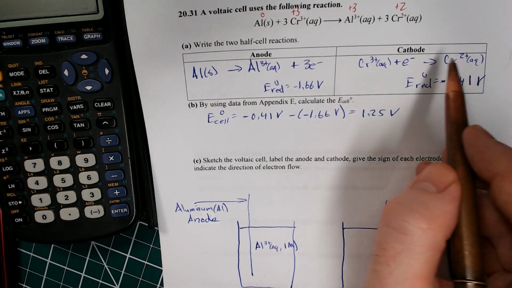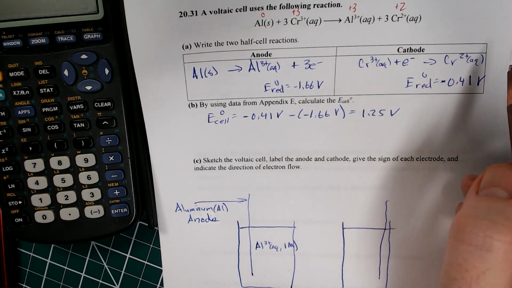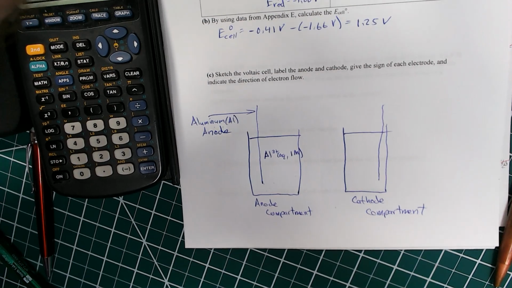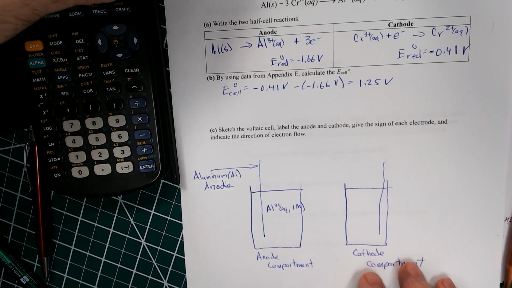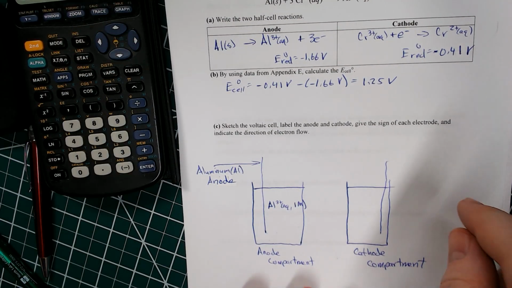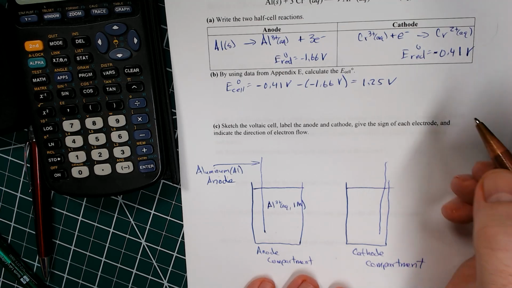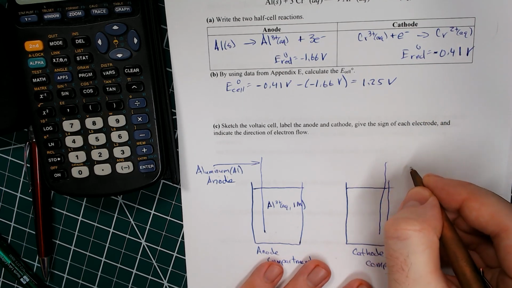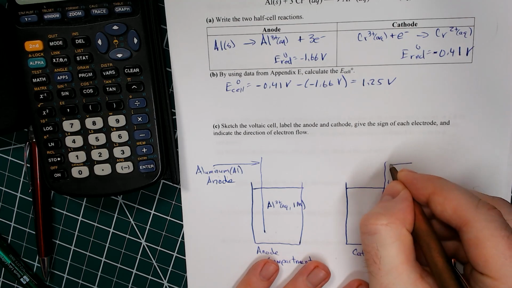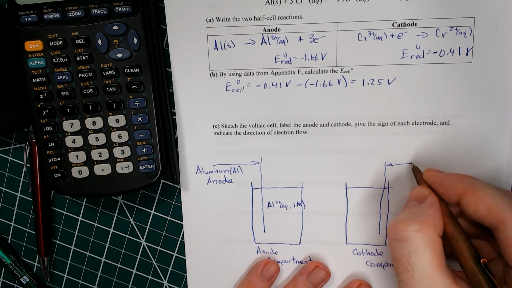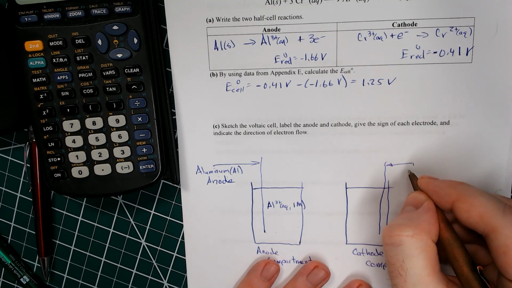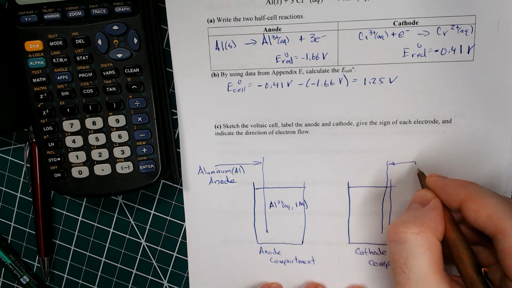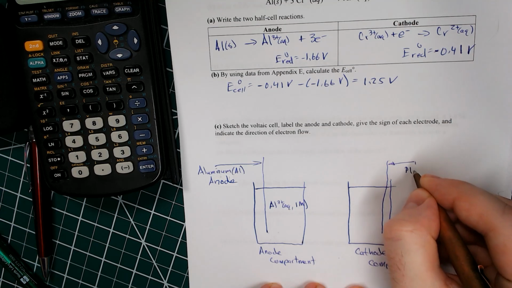So that means that we don't actually have chromium metal as our electrode. In fact, if we tried to put chromium metal, we would get a very bad result. So instead of chromium, we want to pick something that is inert, and typically when we pick something that is inert, we use platinum.